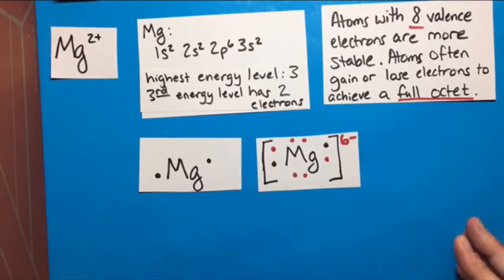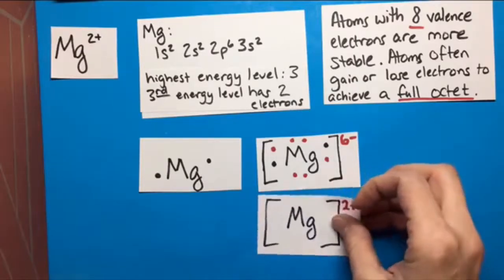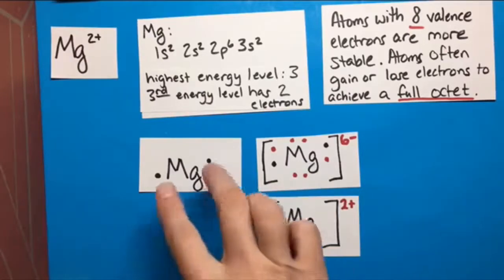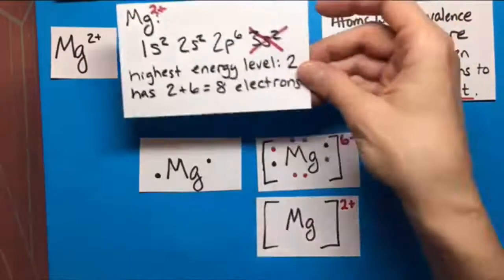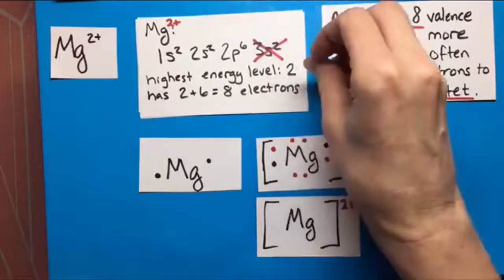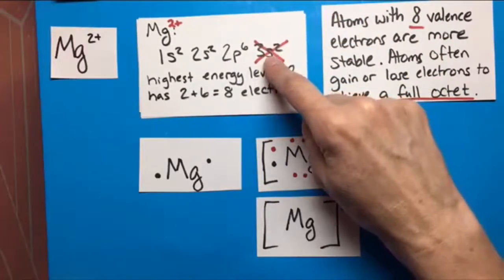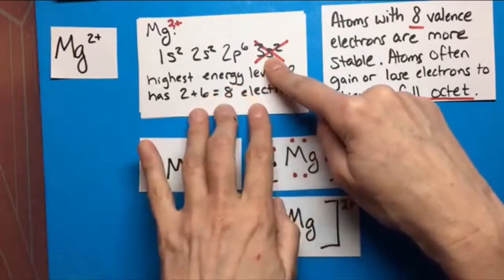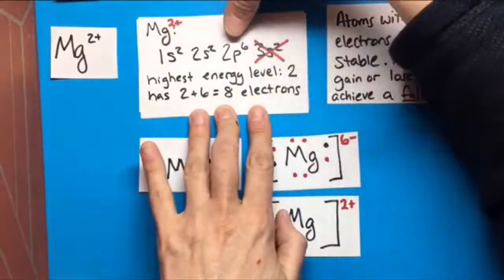The other way I could give magnesium a full octet is by losing the 2 electrons that are currently in the valence shell. Because if I lose those 2 electrons, I lose them from the highest energy level. And so now the highest energy level is not the 3rd energy level anymore.